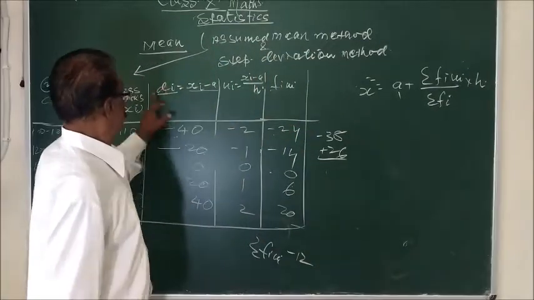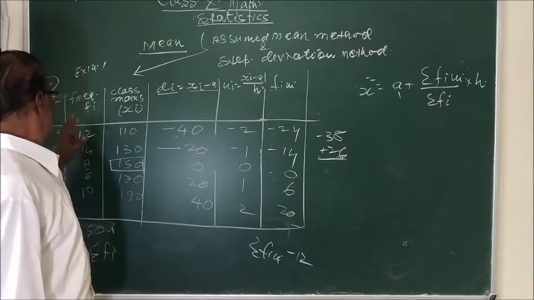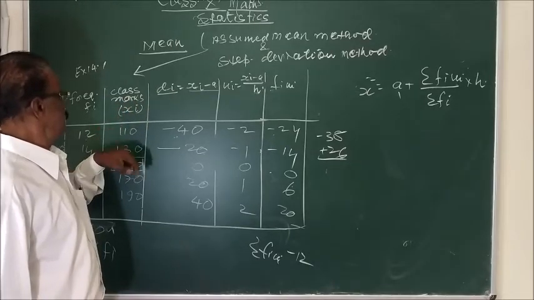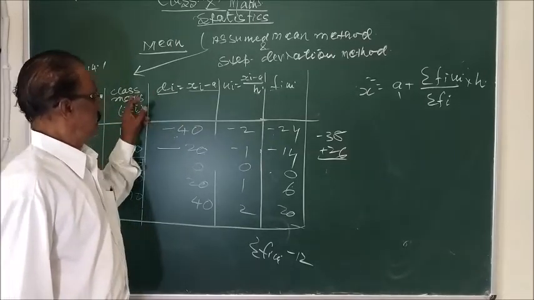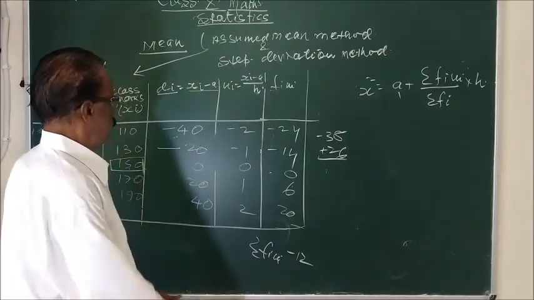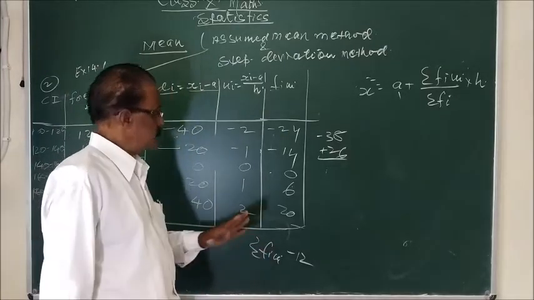So this is the assumed mean method. These two will be given in the question, class interval and frequencies. And now two more columns, xi and di. And then we find fi di, and you find the sum of the frequencies and the sum of fi di.